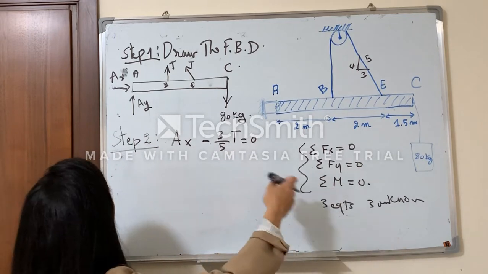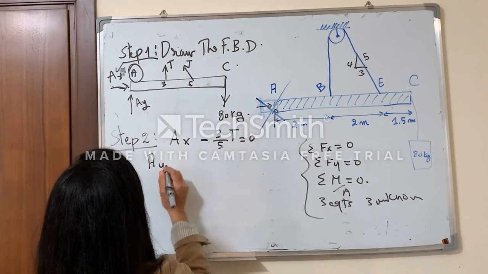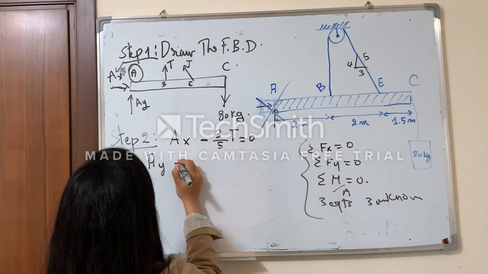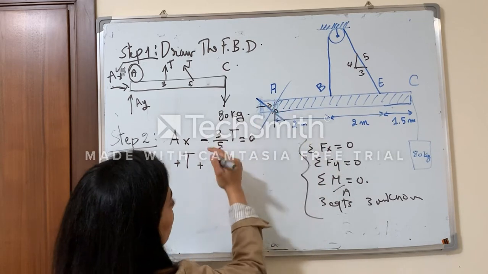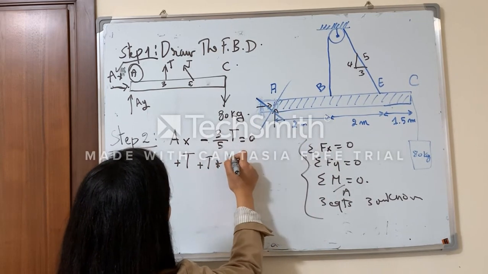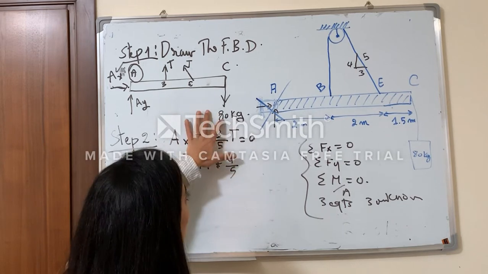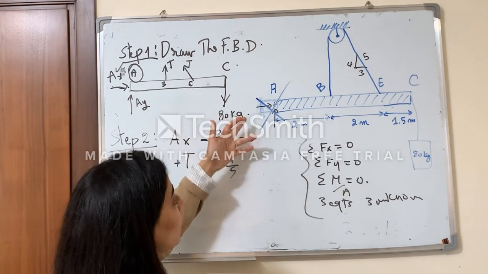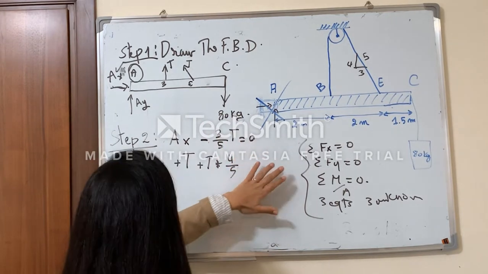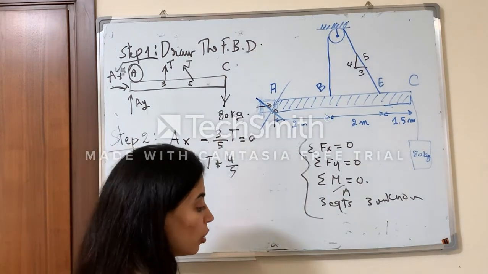So sum of Fy is equal to 0 will give me what? Ay in the positive direction plus T times 4 over 5 minus 80. Now guys, you can convert this to a force, so you should multiply it by 9.81, or you can keep it in kilograms and then your answer of the forces will be in kilograms and then you can convert it to Newton.